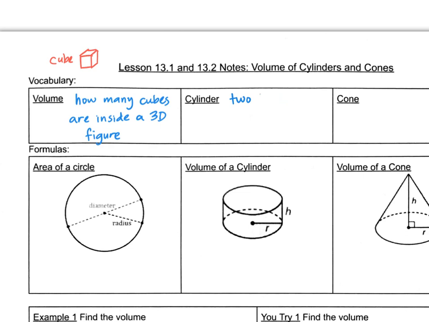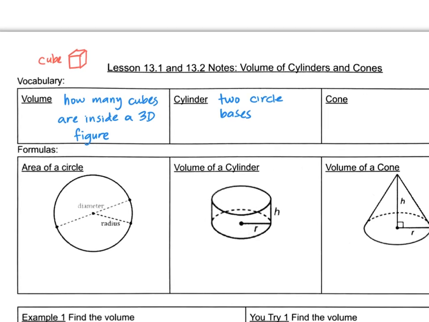In fact, let me be even more specific here. It has 2 circle bases. We'll leave it at that. That's sort of the most important thing. Also, it has a height. The height goes directly up and down so that it makes a right angle with our bottom and our top base, our 2 circle bases.